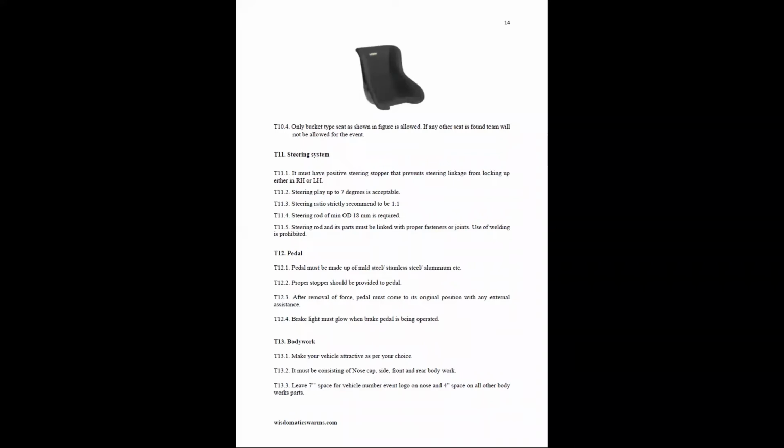Accordingly, you have to keep some spaces. Leave 7-inch space for the vehicle number on the nose and 4-inch on the side body panel, that is, on your bumpers, side bumpers.